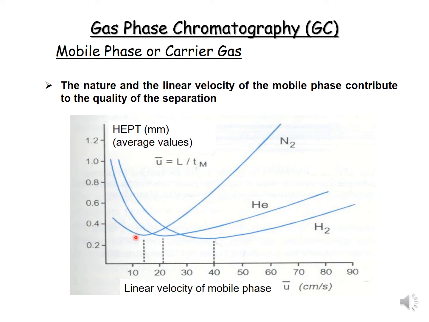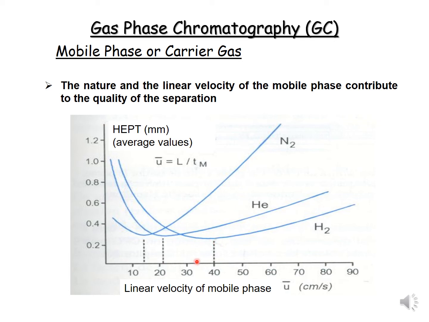And you see, for example, that with nitrogen, in this condition, we cannot work with the same flow rate, the same linear velocity of mobile phase, because you don't have the same mass transfer phenomena with hydrogen as compared to nitrogen, where you have an increase of the HETP, which is the height equivalent to a theoretical plate, and then, of course, a decrease of efficiency and a decrease of the resolution.